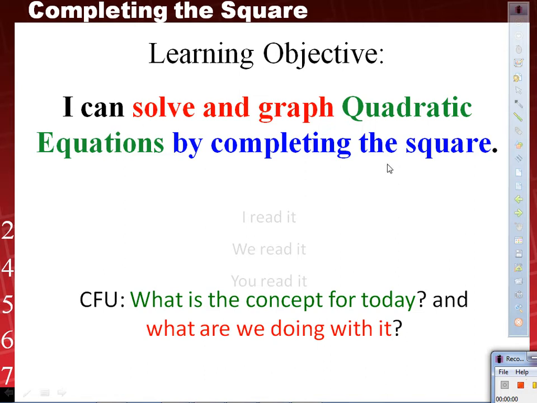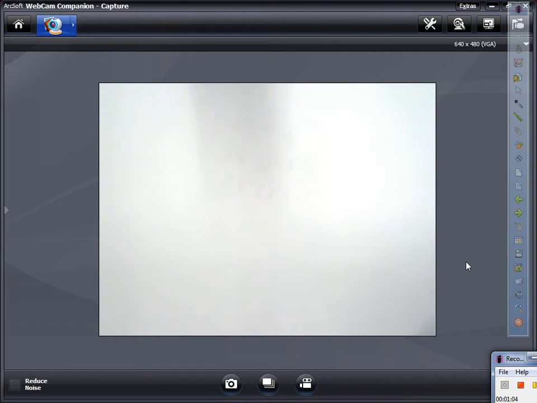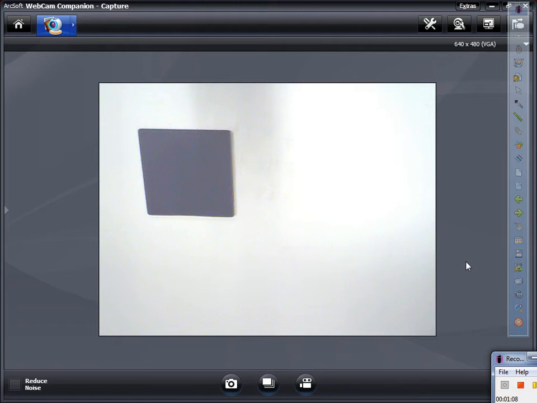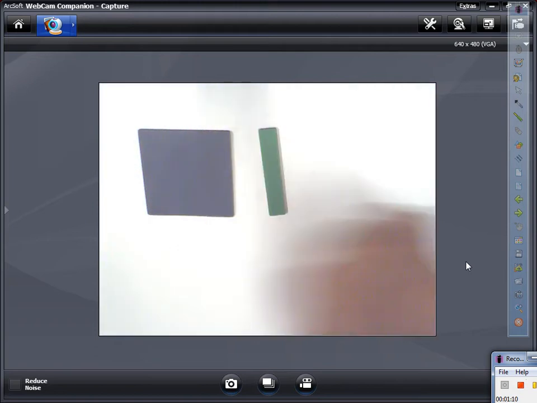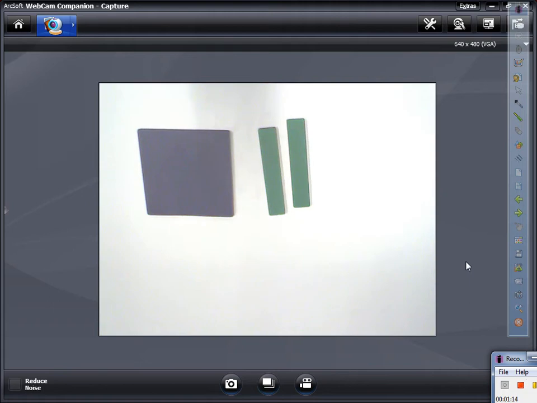First, before we get started with the process, I want to make sure that you understand what completing the square means. So please, put your utensils down. I'm going to show you really quick, using some manipulatives, completing the square. So we have this and that. Tell your neighbor what I have in front of me, please. That is correct.